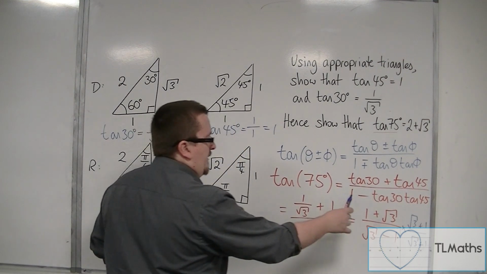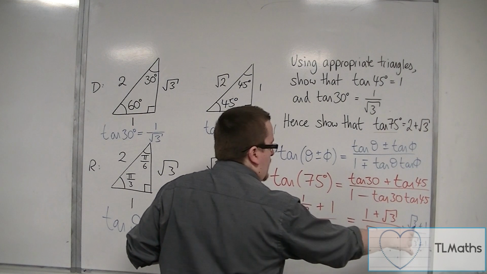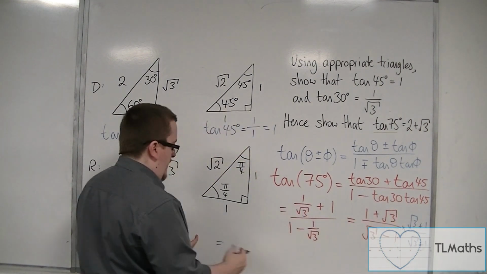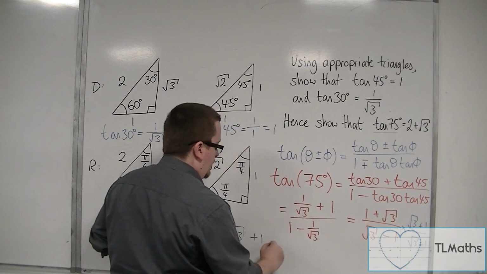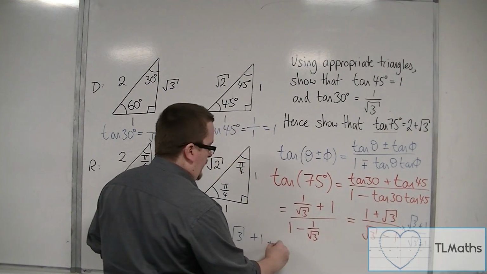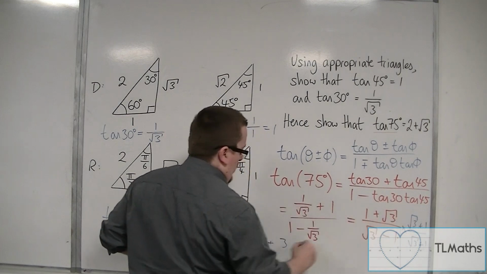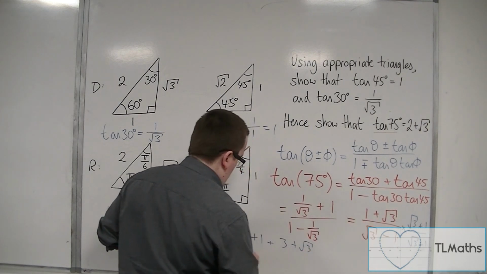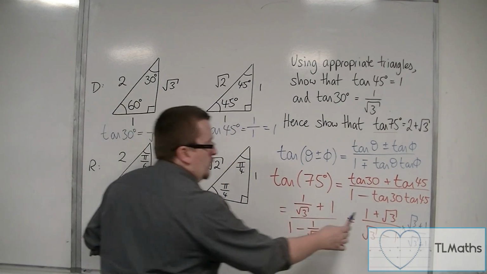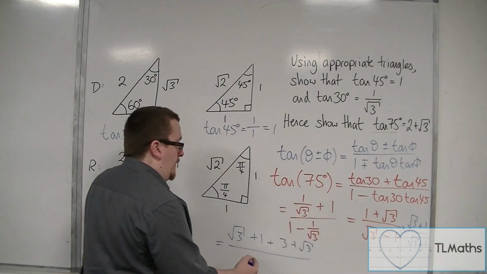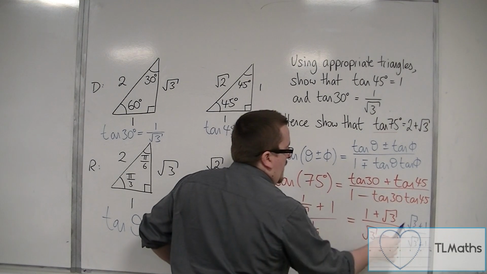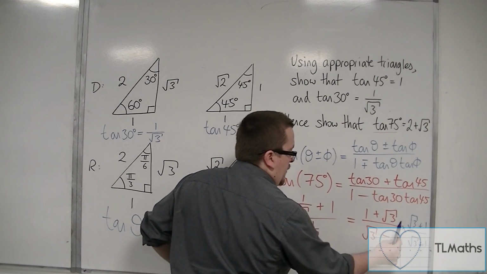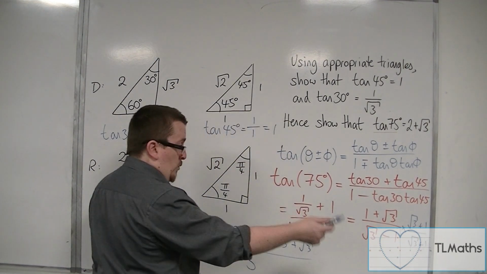So we have 1 plus root 3 times root 3 plus 1. So 1 times root 3 is root 3. 1 times 1. Root 3 times root 3, that's 3. Root 3 times 1. Over. Root 3 times root 3, that's 3. The root 3 times 1 and the minus 1 times root 3 will cancel. Minus 1 times 1 is minus 1.